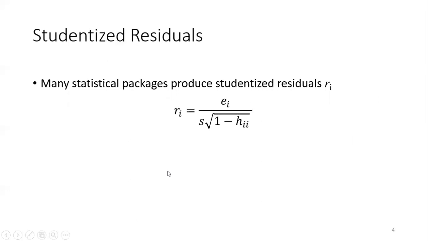Many statistical packages produce what we call studentized residuals, sometimes also called standardized residuals. The standardized residual is equal to e_i divided by S times the square root of 1 minus h_ii.